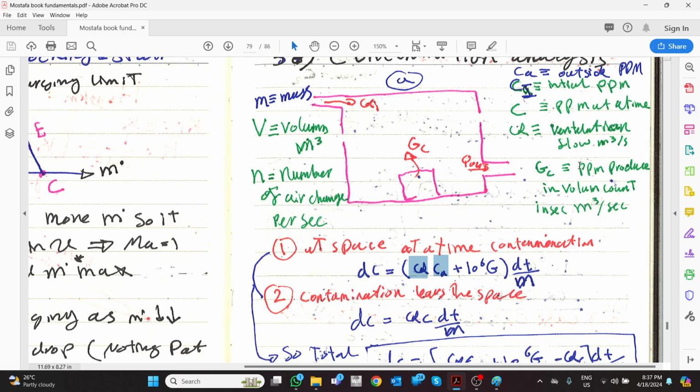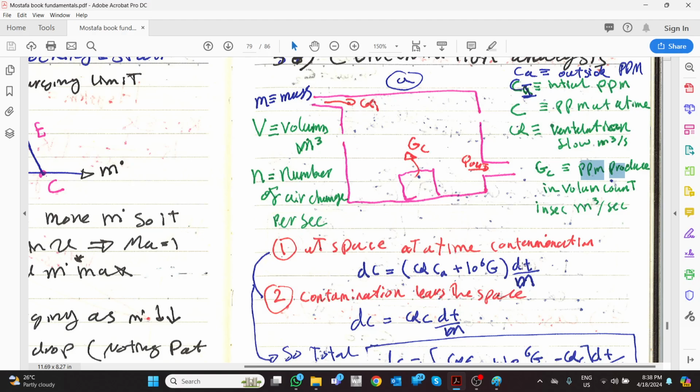Parts per million is mass per mass, by the way, which is dimensionless. So ppm is the mass of CO2 divided by the mass of air, all multiplied by dt over mass.